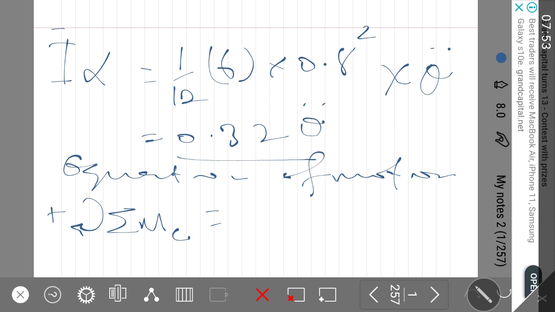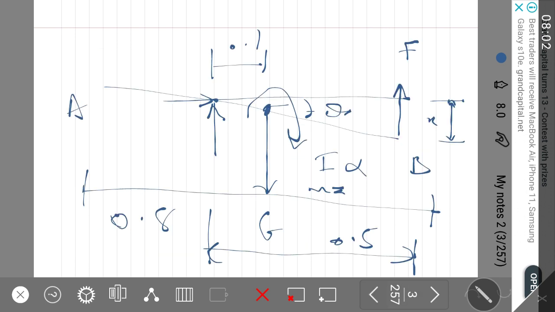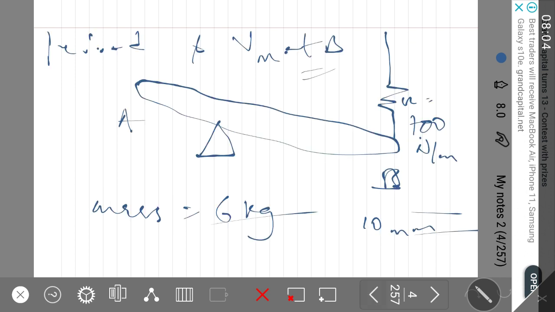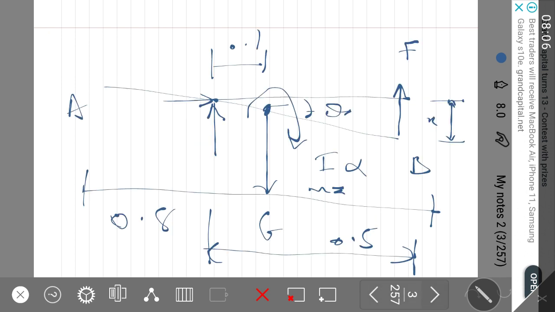So let's go. Sum of moments at point C. If I stand at point C, the weight is acting downwards.